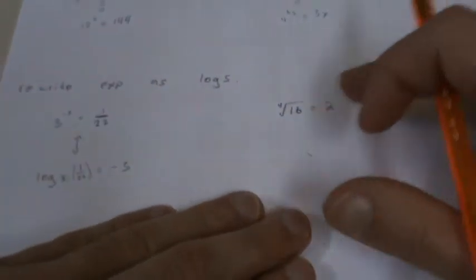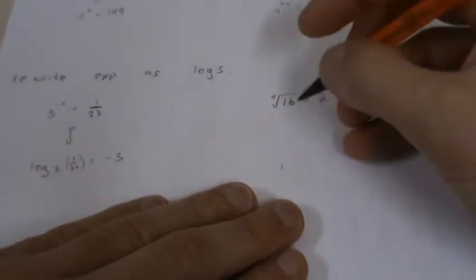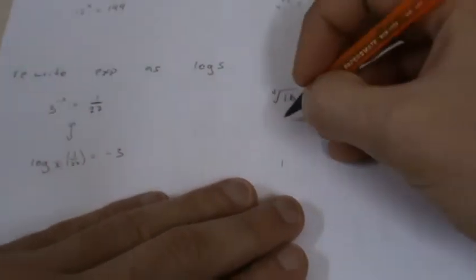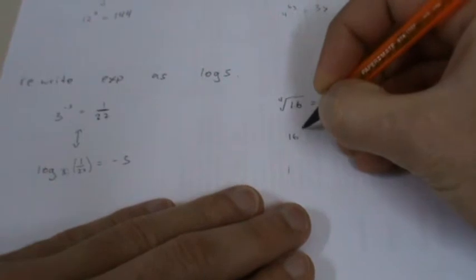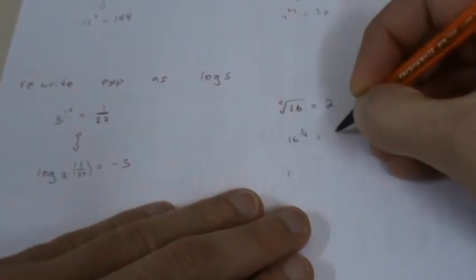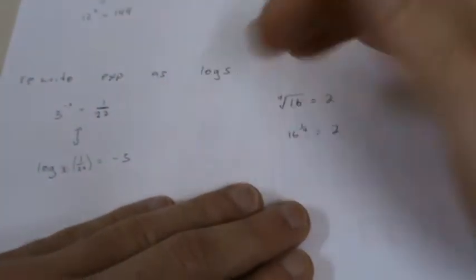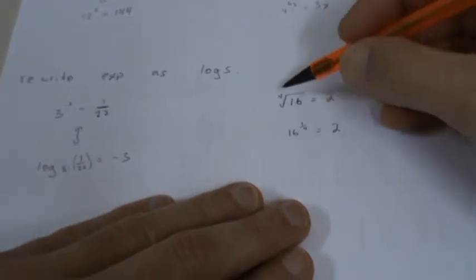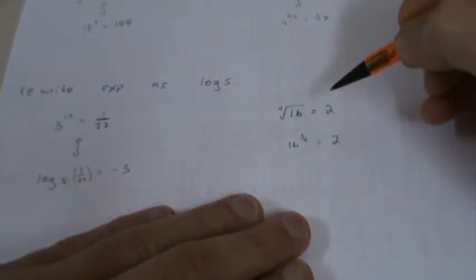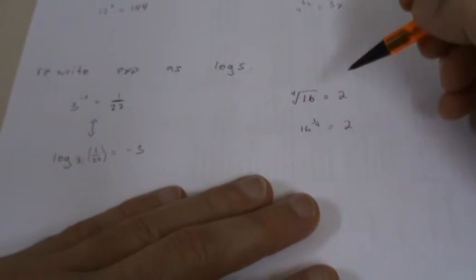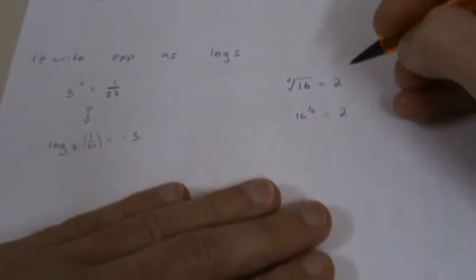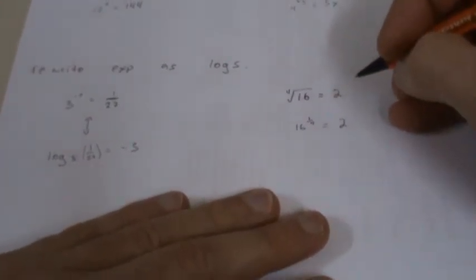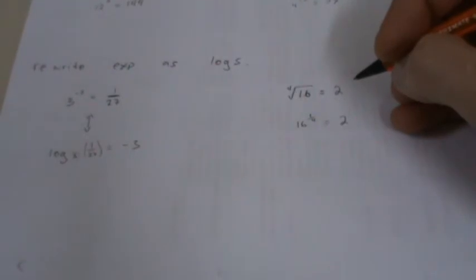Okay. This one here, I'll rewrite it, because I'm going to actually write this as 16 to the 1/4, remembering that radicals are fractional exponents. And so 16 to the 1/4 is equal to 2, the fourth root of 16.